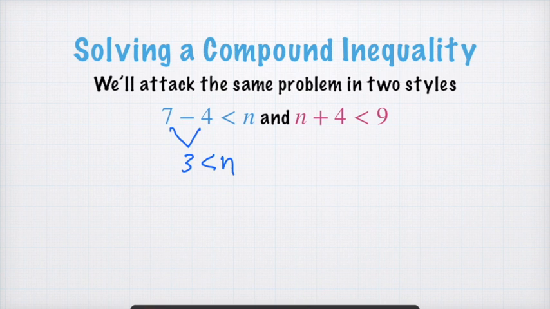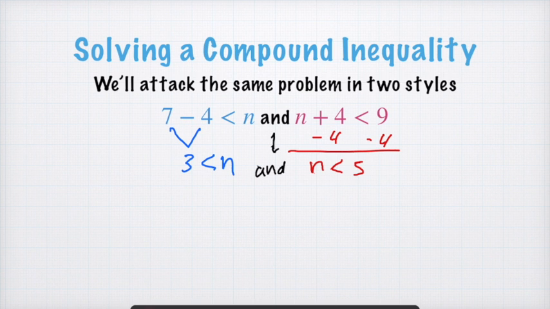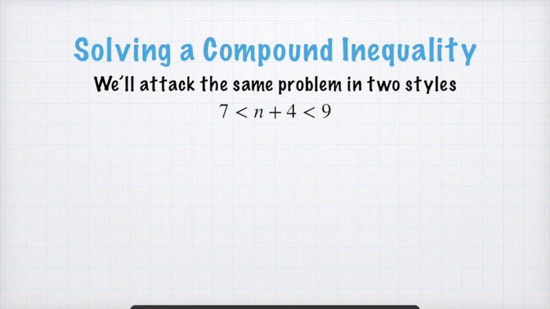We have to do both of them. So n plus 4 is less than 9. n is on one side, so we don't have to worry about it. The way to get it by itself is to subtract 4, and then we end up with n is less than 5. The "and" comes down with us, so it's 3 is less than n, and n is less than 5. So our answer has to be between 3 and 5 for it to work.